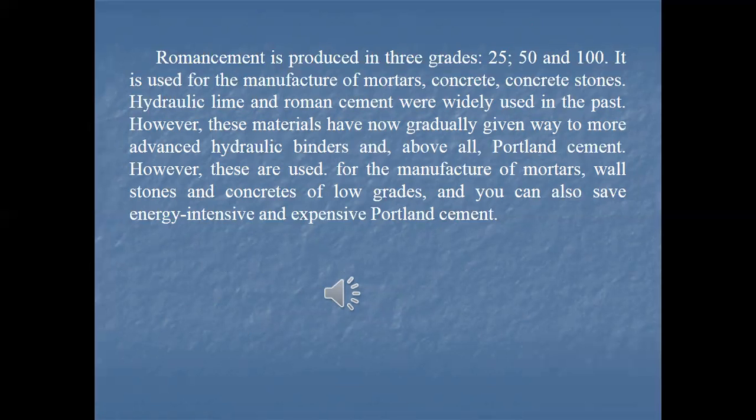However, these materials have now gradually given way to more advanced hydraulic binders and, above all, Portland cement. However, these are still used for the manufacture of mortars, wall stones and concretes of low grades, and you can also save energy-intensive and expensive Portland cement.